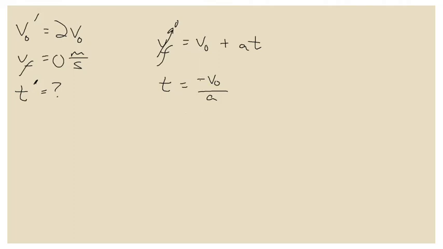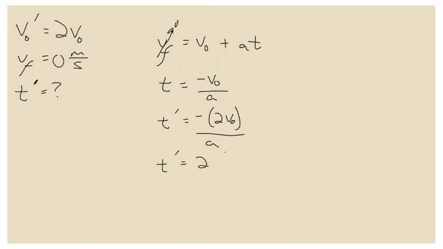And of course, this is just negative here because the acceleration due to gravity is negative, and those are going to cancel. And so we'll plug in T prime equals negative 2 V naught over A. And now we have to pull out our whole numbers.